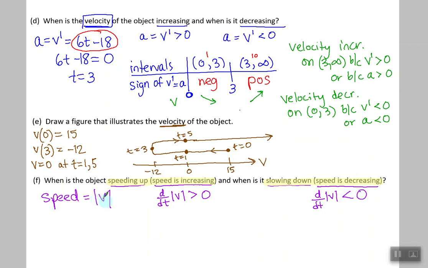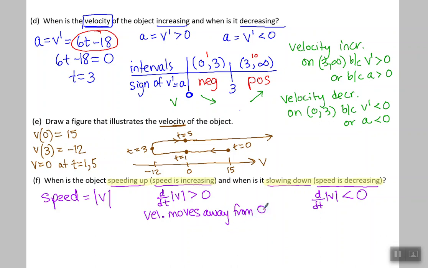Another way to think of this is if we're saying speed is increasing and speed is the absolute value of velocity, and the absolute value of numbers makes them positive, that would mean the numbers get larger or move away from 0. So we're going to describe speed increasing as the velocity values move away from 0.